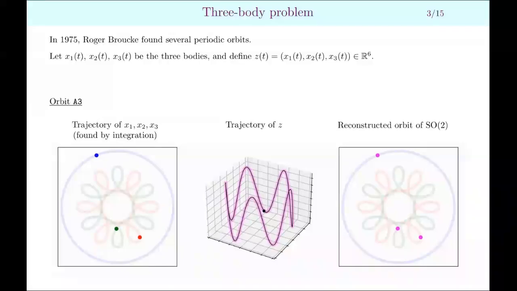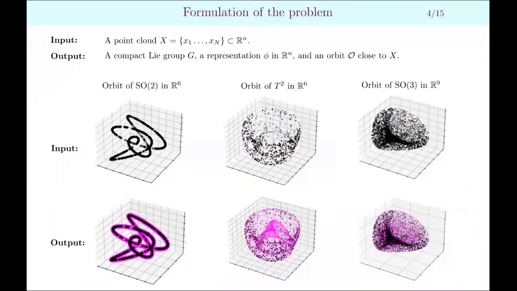So let me formulate the problem we will tackle. We'll consider finite point clouds as inputs, and we want to find a compact Lie group, a representation of this Lie group in the Euclidean space, and an orbit of this representation that is as close as possible to the point cloud.